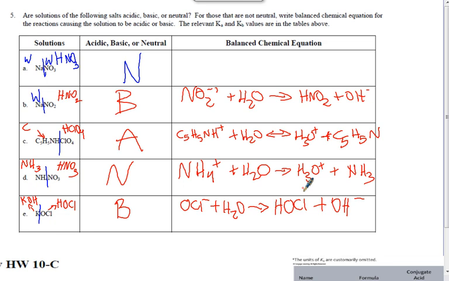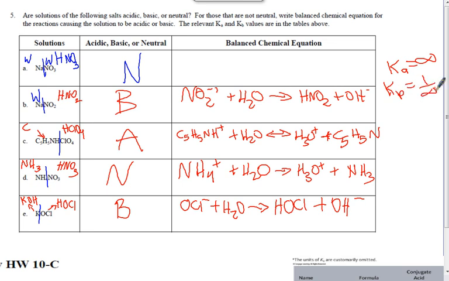So if one is strong, then the other is very weak. But if we know neither of them are on the strong list, neither NH4 or NH3 are on the strong list, so they're both very weak. They balance each other out perfectly. That's one of the weird things about this. If you have a Ka that's close to infinity, then the Kb would be 1 divided by infinity, right?